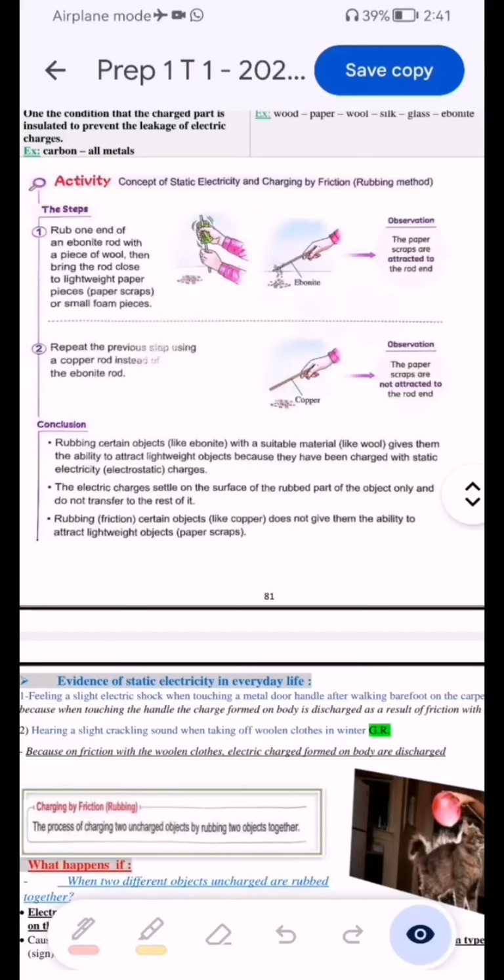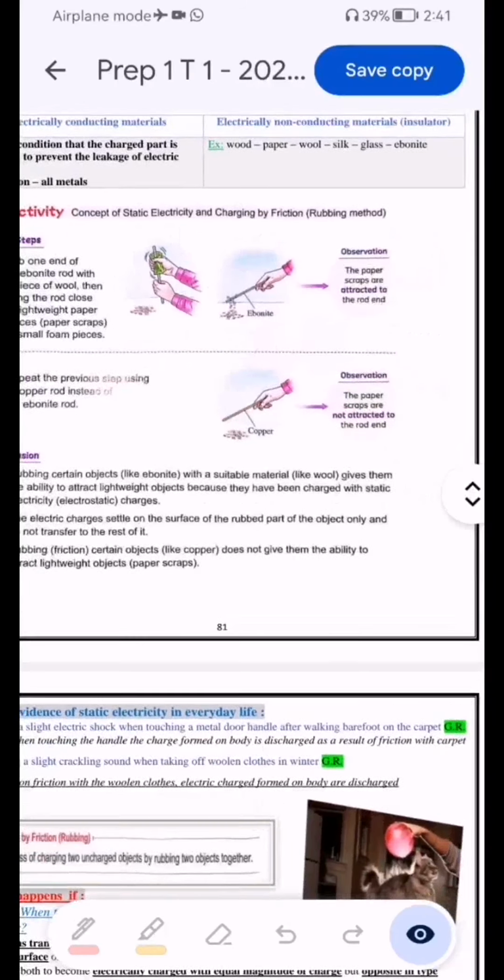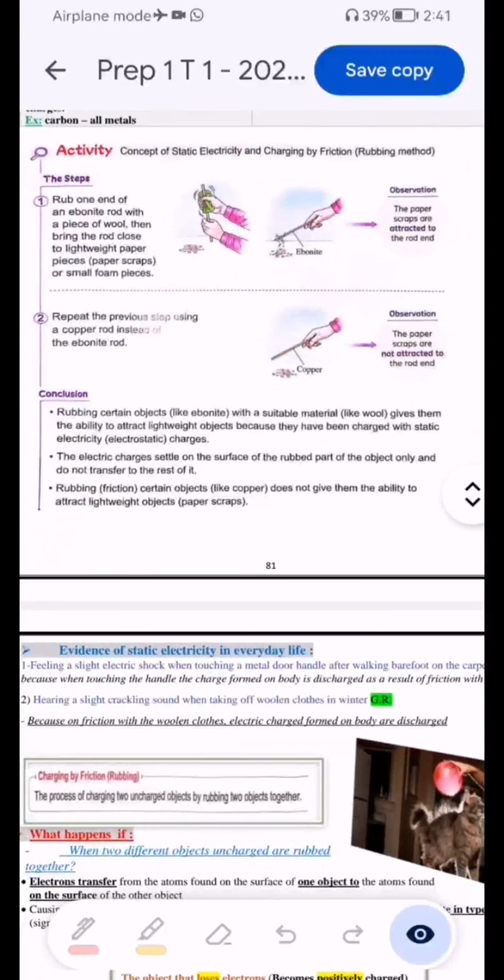The charges will accumulate on the wrapped part only, but the rest of the ebonite doesn't have these charges, so it doesn't attract the paper. And rubbing or friction between objects like copper doesn't give them the ability to attract lightweight objects or paper scraps.